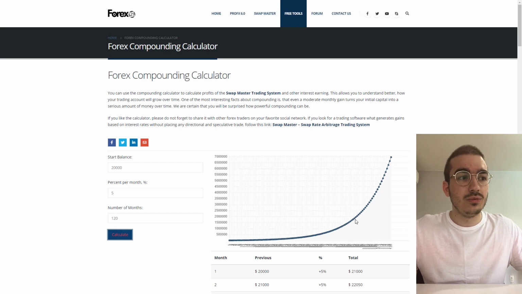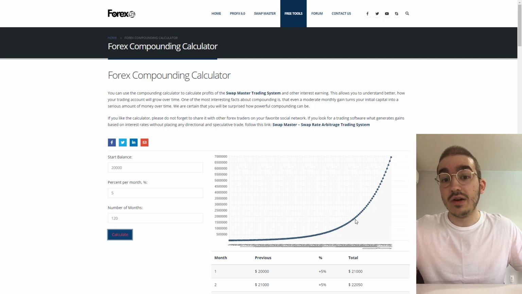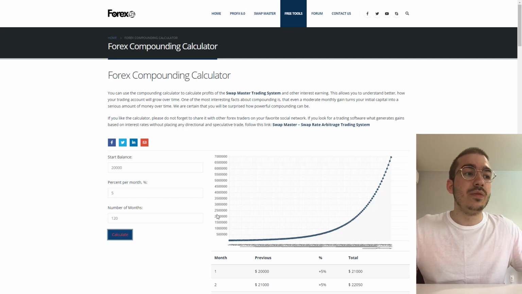So that is something to really take into consideration. And also the second thing is that you need to pay taxes on your trading profits, which means that this will also affect your performance and it might not look exactly like that. But once again, it's to give us an idea. So this is for 10 years.